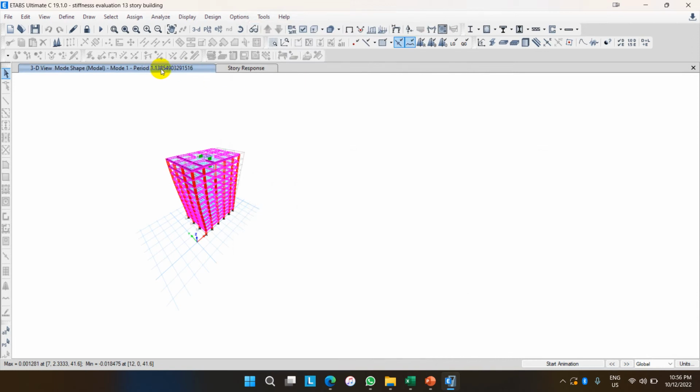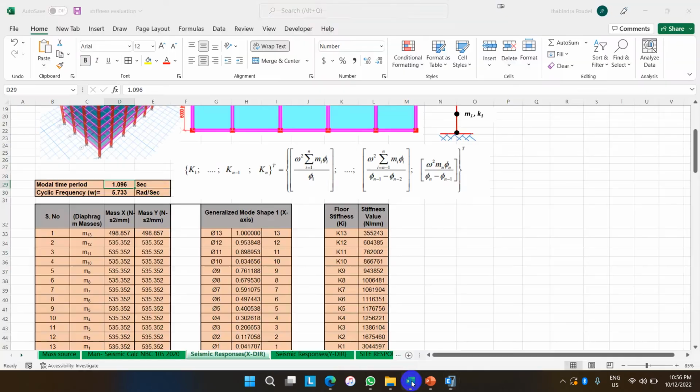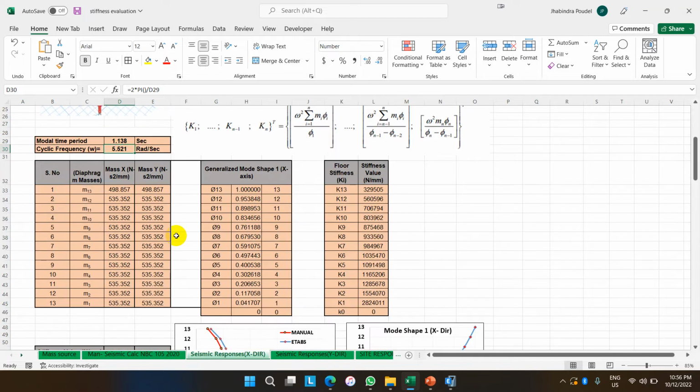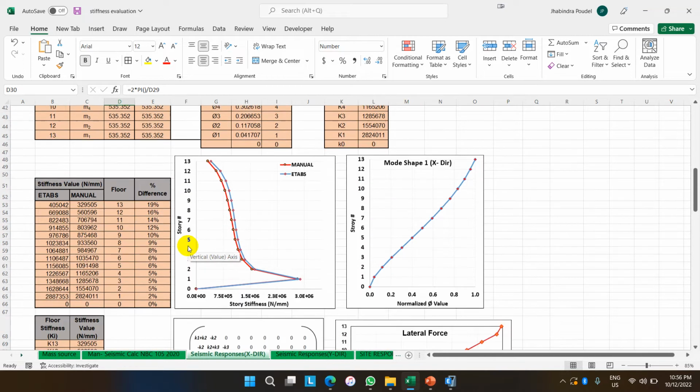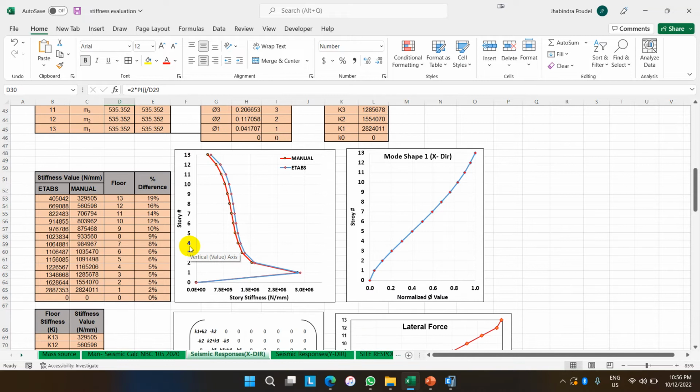So 1.138 is the time period. I'll put 1.138 here, and the cyclic frequency also changed. So let me see the stiffness evaluation for manual calculation and ETABS.